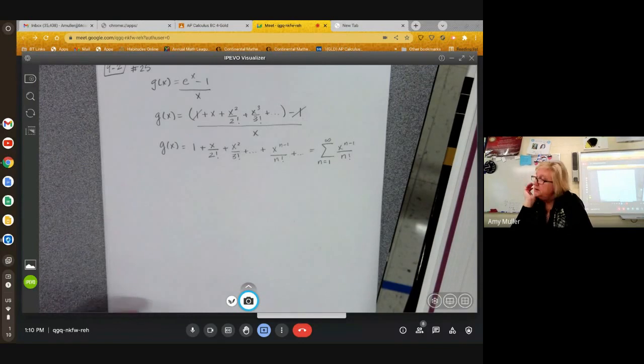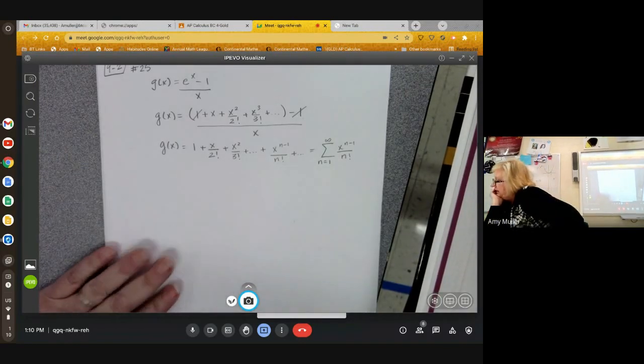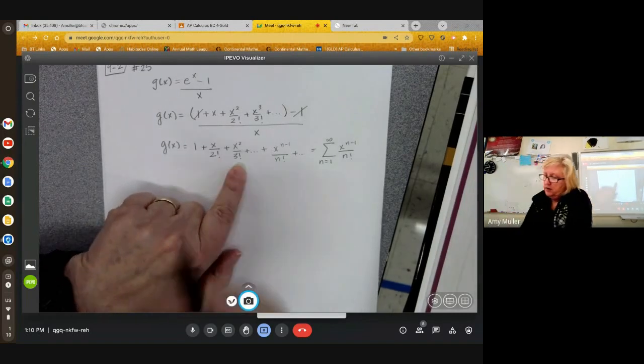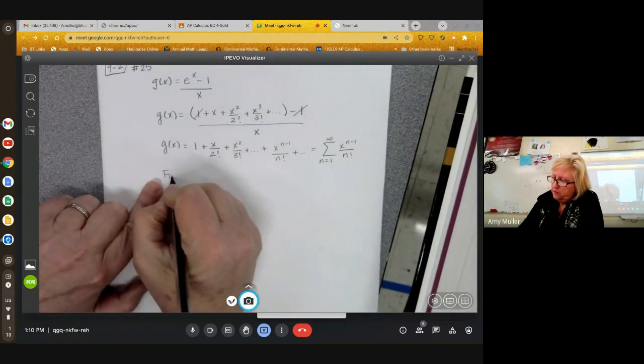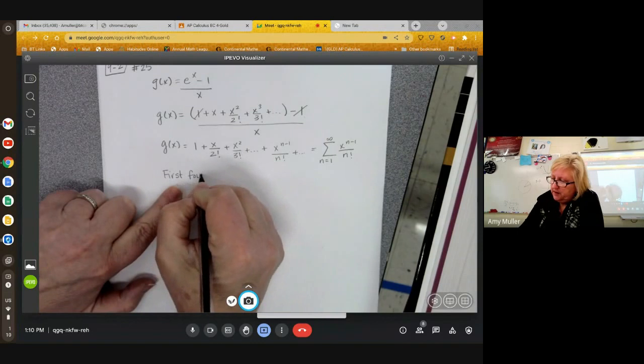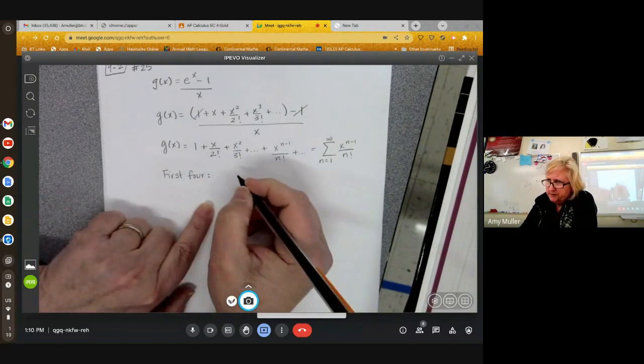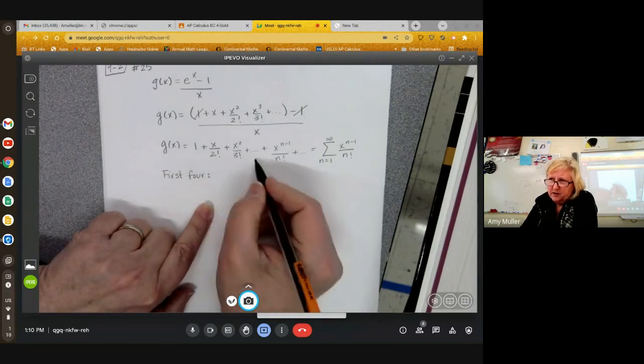All right, so what did the question say? It said, find the first 4 non-zero terms. Well, I only found the first 3, right? So the first 4 would be what? Let's write those down. The AP people are going to want you to list them. To me, this is clear.